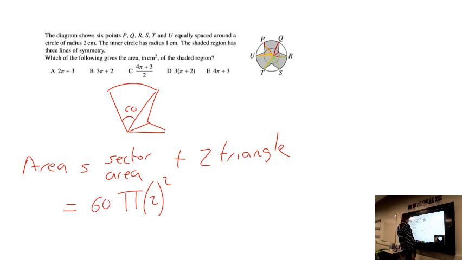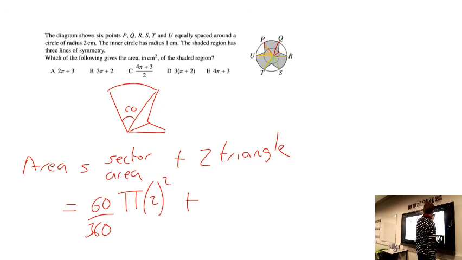And then we've got the triangles. So let's draw this out. Here's one of the triangles. Here, the base is 2. This is going to be half the size, so this is going to be 30. 30, and this is going to be 1.